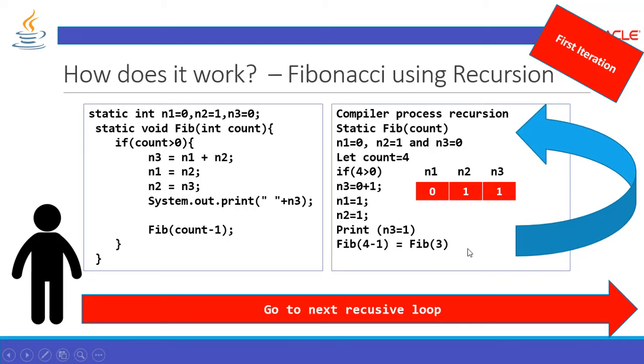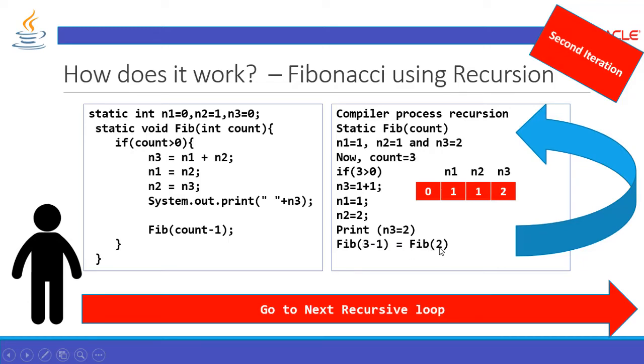Now the recursion comes here with this blue arrow. If you can see, the method calls itself again because the condition is still true. The count is now reduced to 3 since it is count minus 1 at the end. So the count is 3 now.